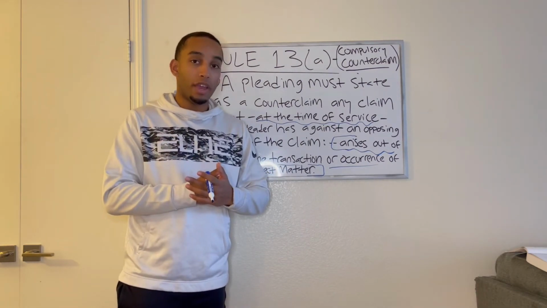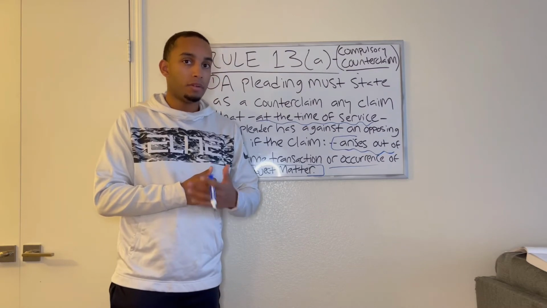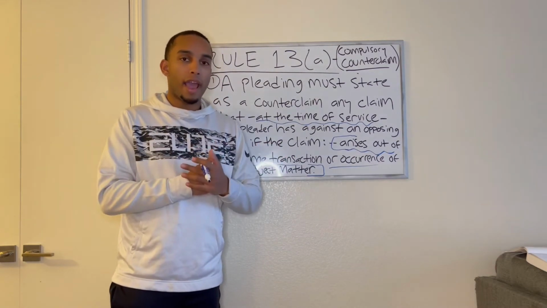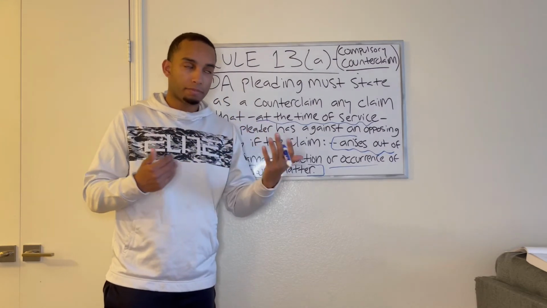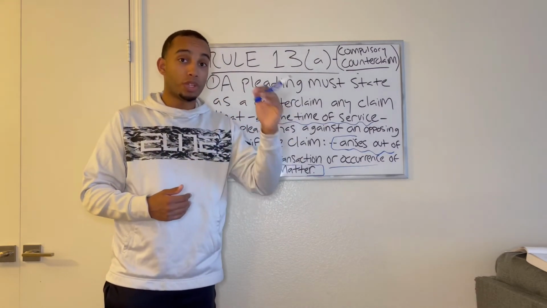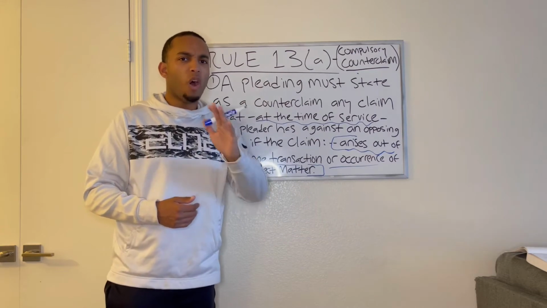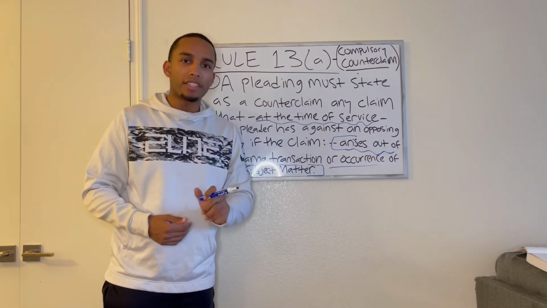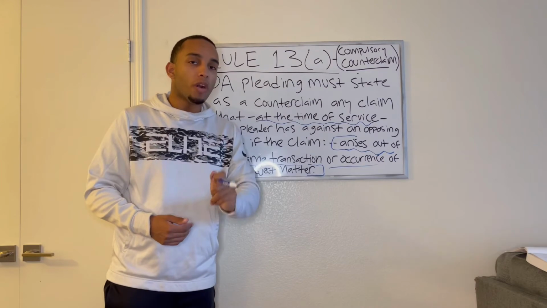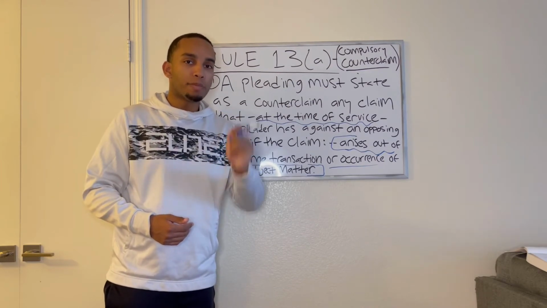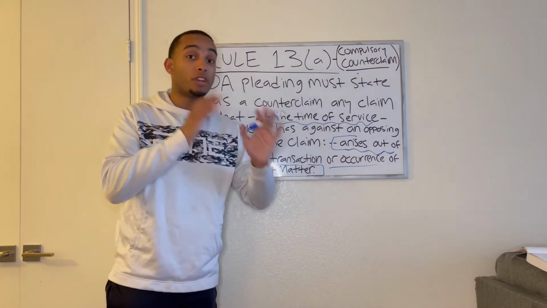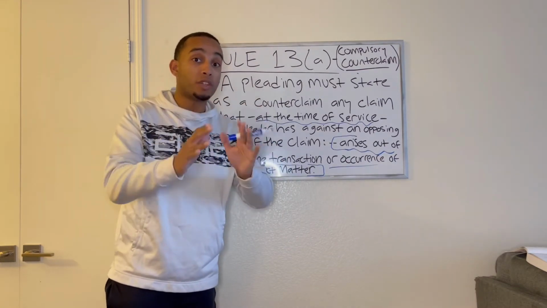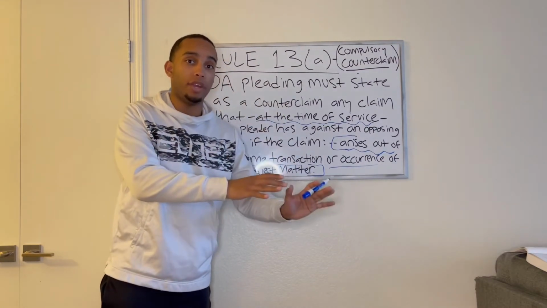So let's say they got into a car accident, okay, negligence, and the plaintiff punched the defendant in the face, okay, battery. So the moment the plaintiff sues, the defendant can say, oh yeah, during that car accident, not only did we get into a car accident, the plaintiff punched me in the face. Therefore, I can not only sue the defendant for negligence, I can also sue the plaintiff right back for battery.